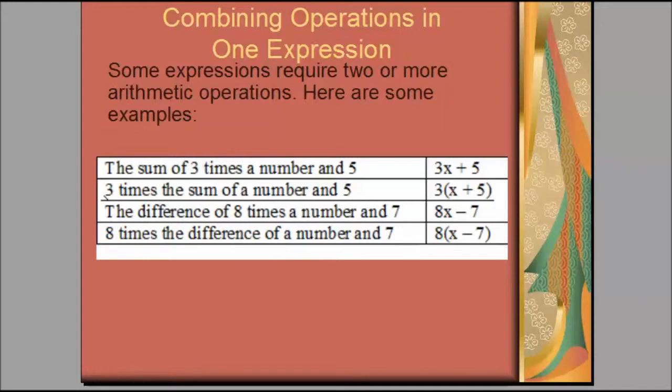This becomes 3 parentheses x plus 5 close parentheses. Compare the difference of 8 times a number and 7, and that's 8x minus 7, with 8 times the difference of a number and 7, which is 8 parentheses x minus 7 close parentheses.